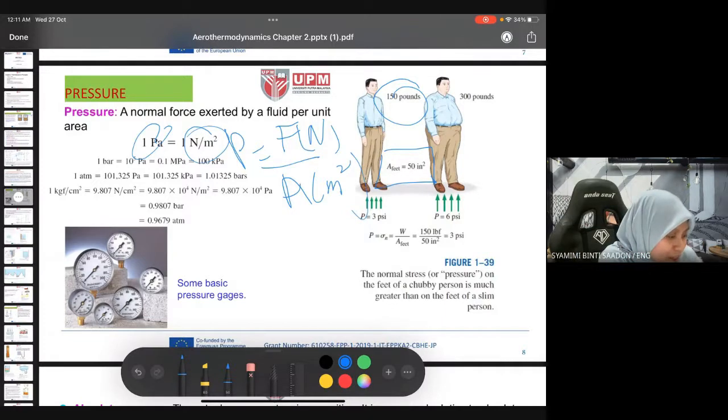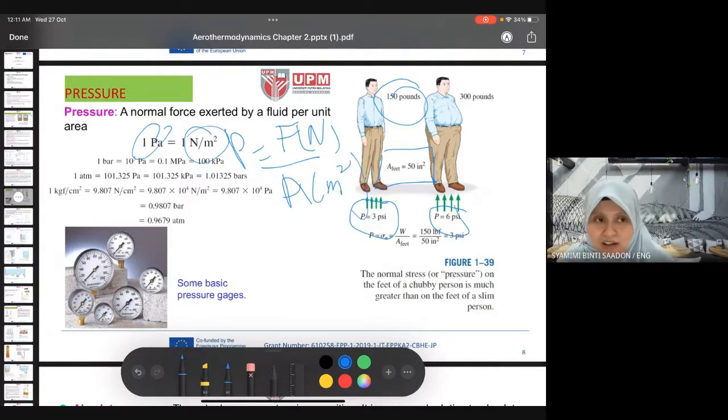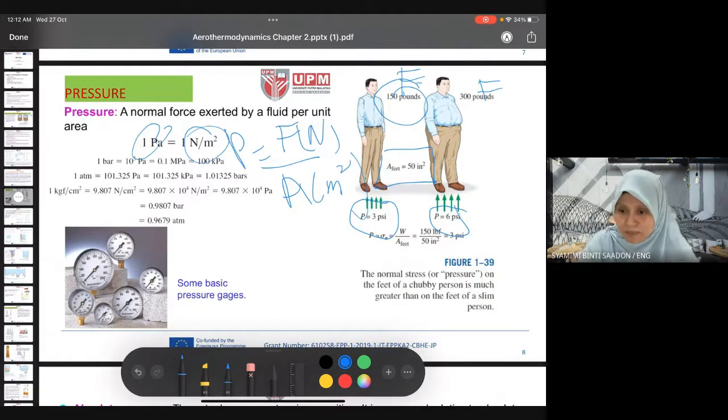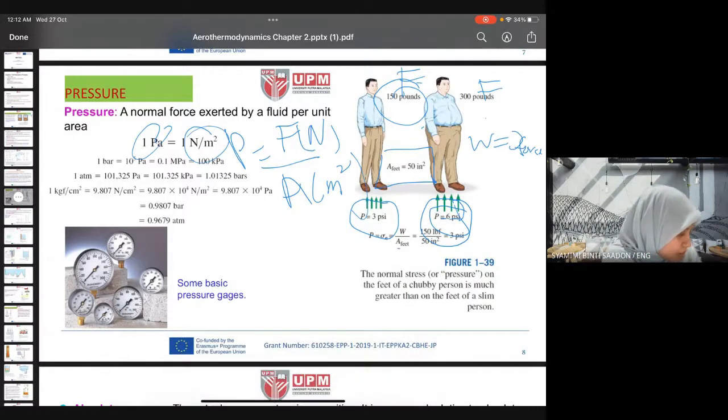The pressure exerted by them is different because the force, or their weight, is different. A heavier man will produce a higher pressure, because it depends on their weight. Weight is a type of force.